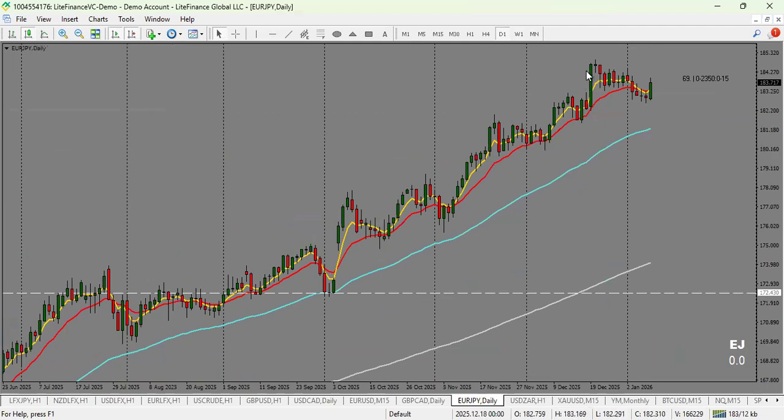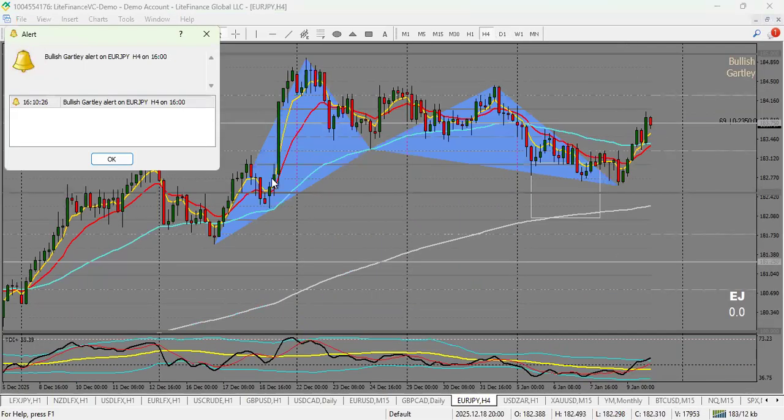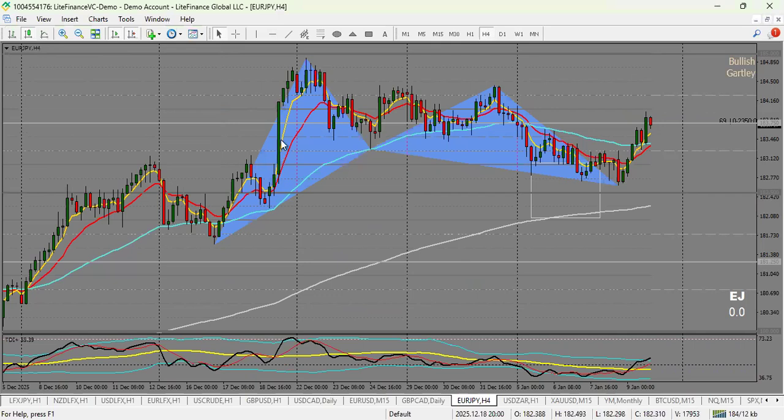You can see the retracement was coming to cover this area here where we had liquidity. This void needed to be filled, and after finishing filling it, the market reversed.